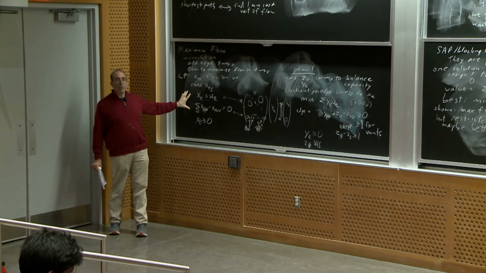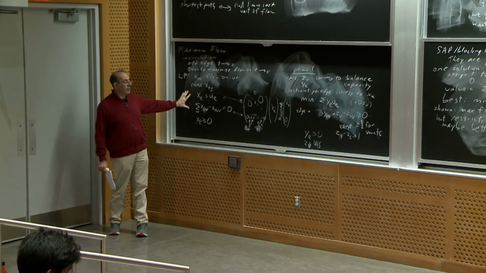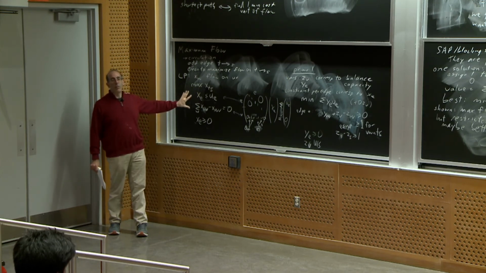Down here we already have a bunch of constraints that say feasible circulation. So what do we need to change in order to make it a min cost circulation problem instead of a max flow problem?